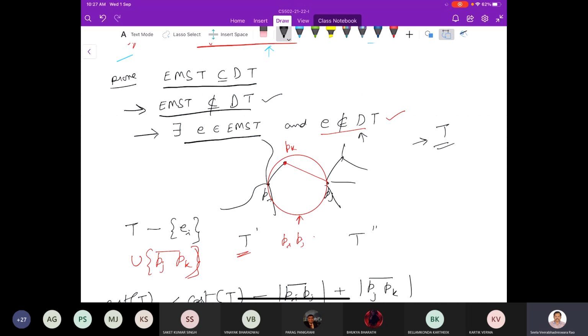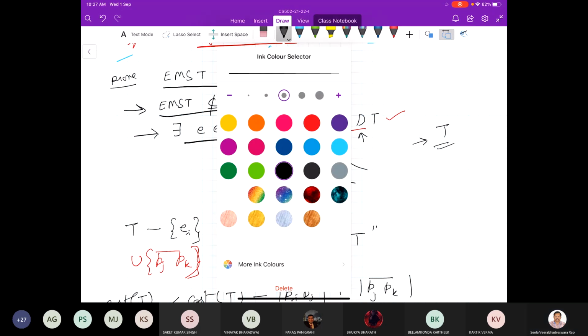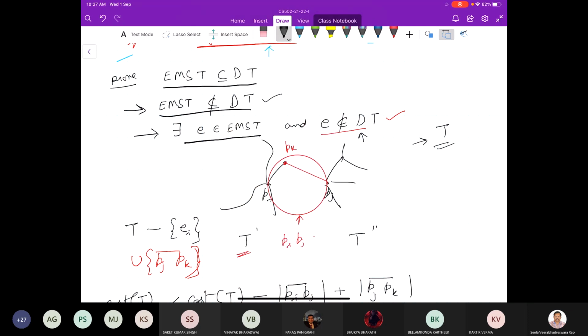So we remove this edge E from the tree. Once you remove this one, the tree becomes disconnected, and Pi is in one part of the tree and Pj will be in the other part.